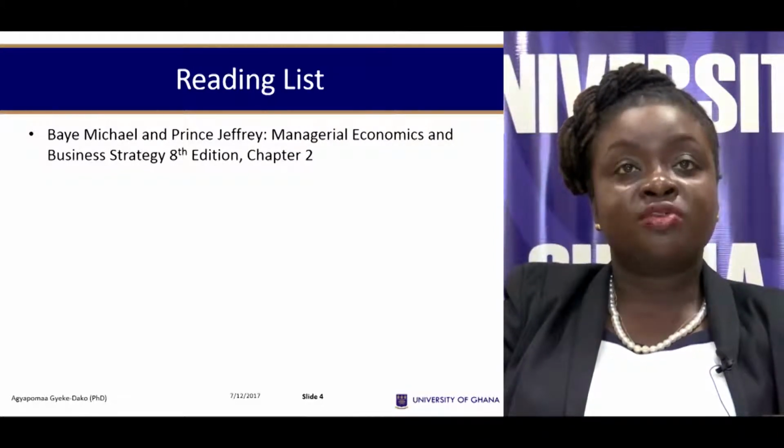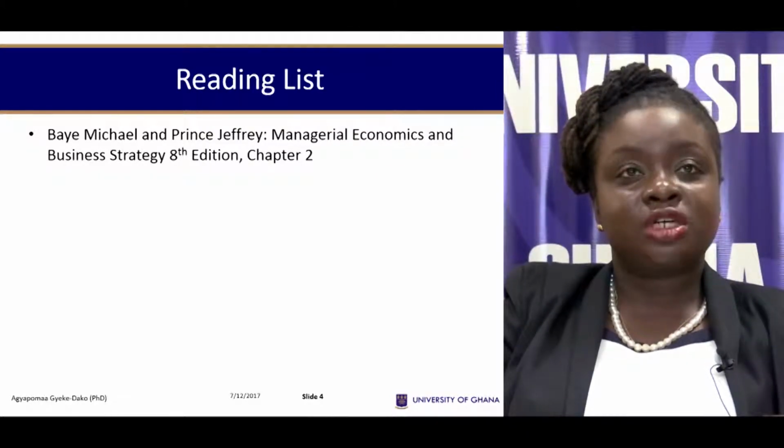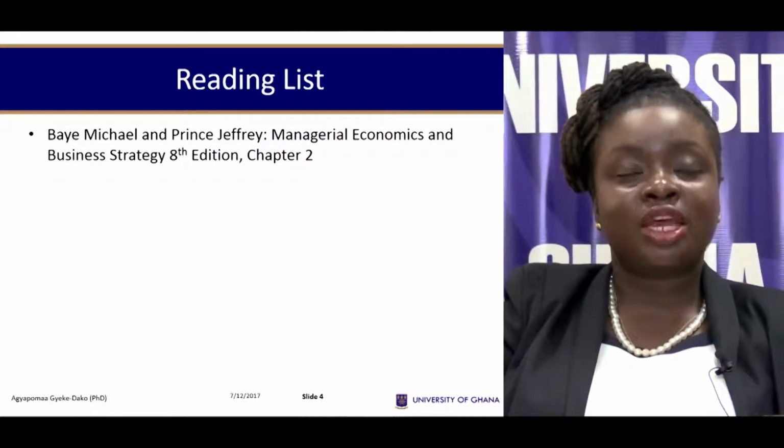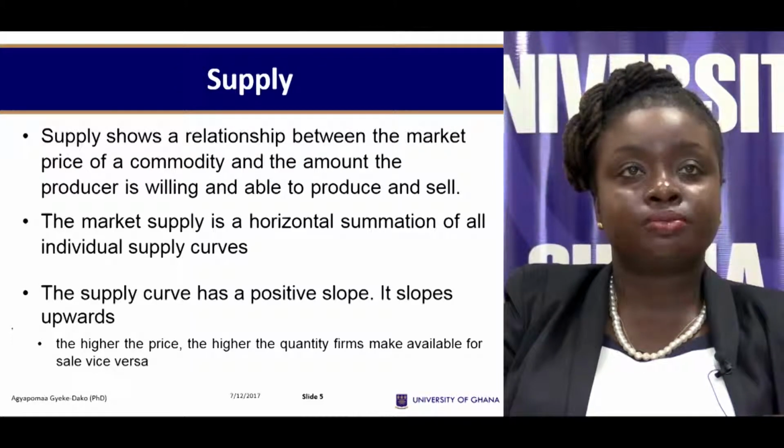And also refer to chapter 2 of this edition. Don't restrict yourself to just this textbook. Any good book in managerial economics should be useful. And also look at any business press, like The Economist, like the Business and Financial Times, any other thing that you come across, use it for the benefit of this course.